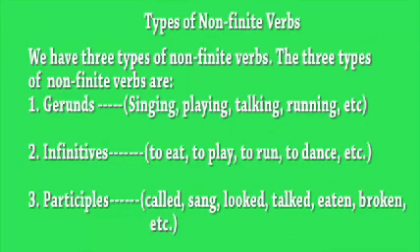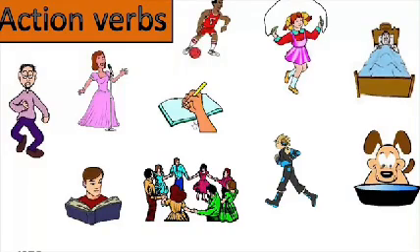There are three types of the non-finite verbs. These are gerunds, verbs ending in ing, like running, playing, singing, talking. We also have infinitives, verbs like to eat, that means they begin with the word to: to eat, to play, to dance. She likes to play, she likes to eat, she likes to talk, she likes to sing, she likes to study.